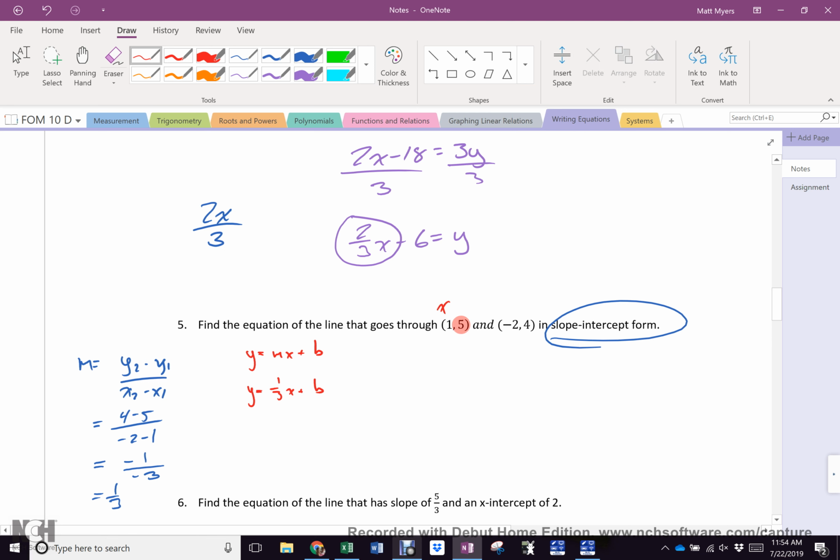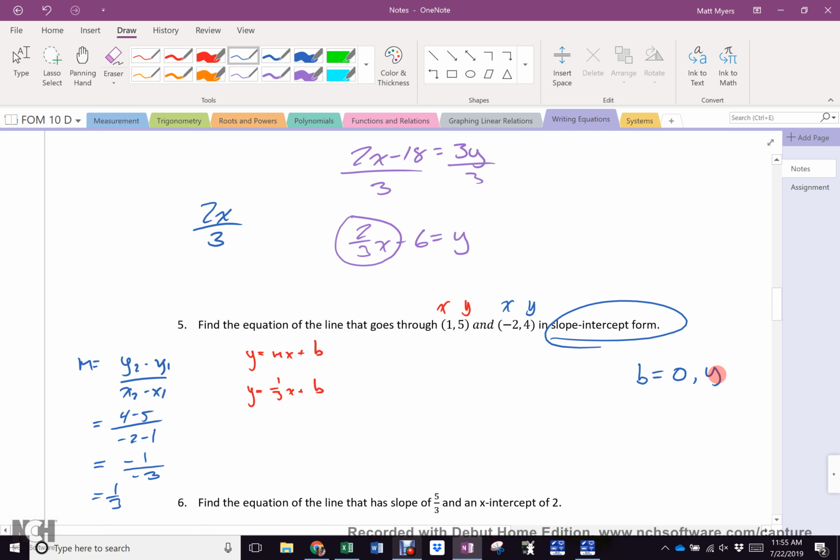That's an x. What is this? That's a y. What is this? That's an x. What is this? That's a y. Do I have a b anywhere? What is b? B is the y-intercept, yes? So doesn't b equal 0y?